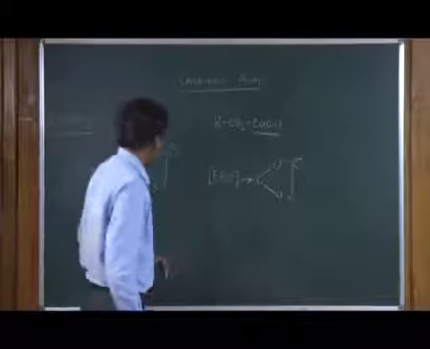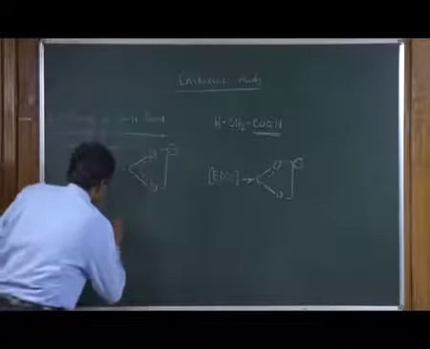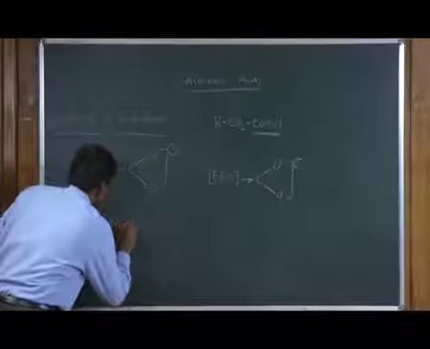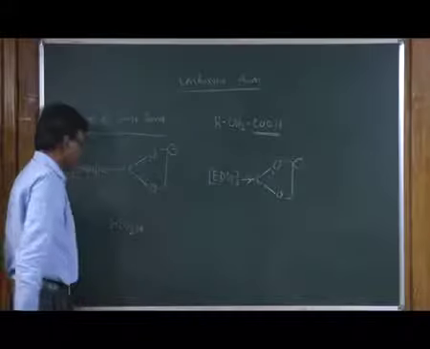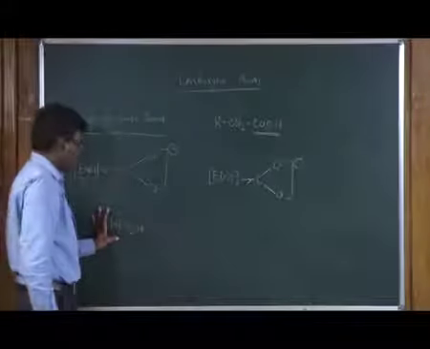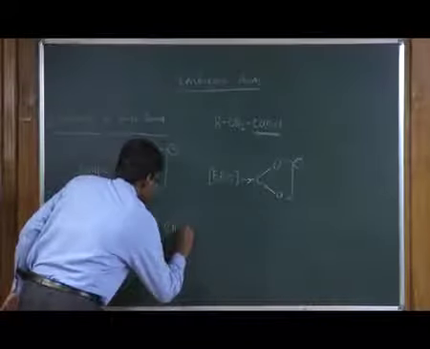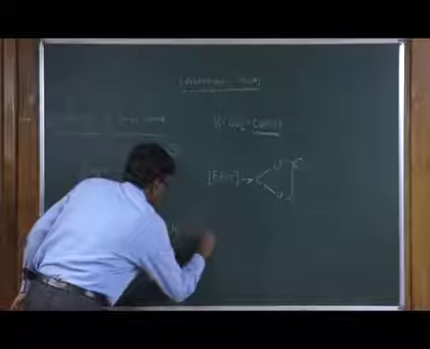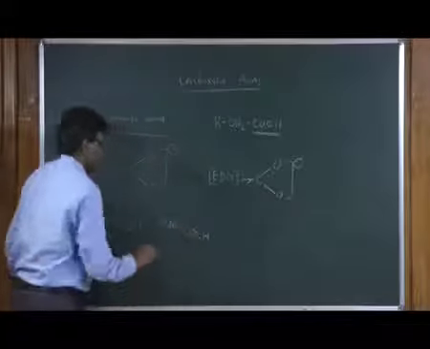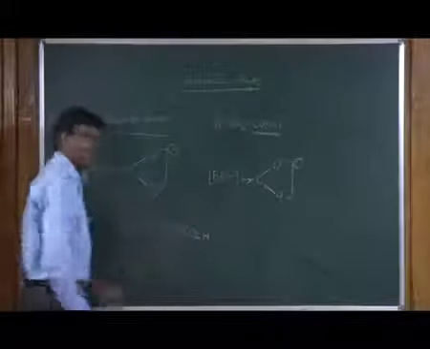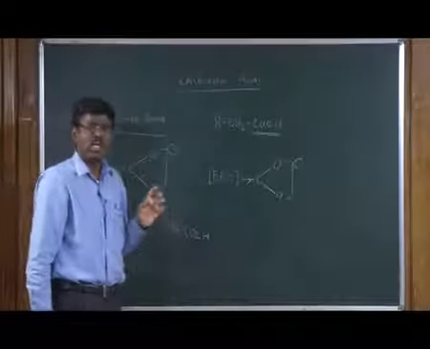So, for example, let us take formic acid. This is an unsubstituted carboxylic acid. When you introduce a methyl group to the carbon atom, as you know, this is an electron donating group.